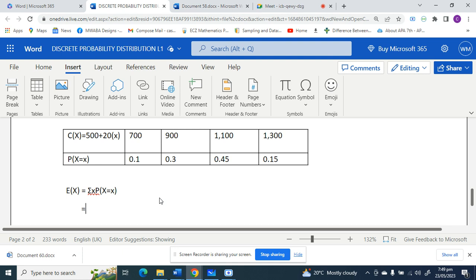Yes, has anyone found the expected value? Okay, yes, what is it? Correct, 1030. I believe all of us know how that value came. What about the variance?